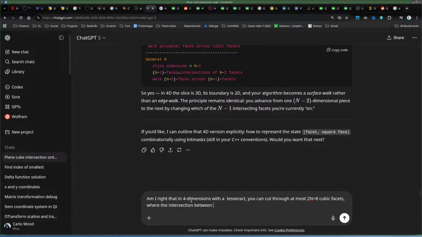Right, that in 4 dimensions with a tesseract being cut by, and, yeah, volume. Shall I call it a... no, it's not a cube, it's a complete volume.